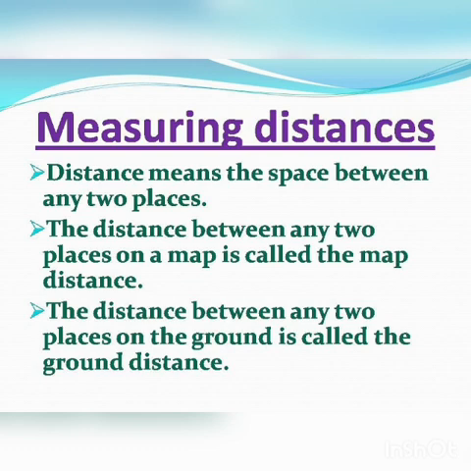So, the distance between any two places located on a map is called the map distance, and the distance between any two places located on the ground is called the ground distance. In India, we follow the metric system in which long distances are measured in kilometers and short distances in meters. So the distance between any two points located on a map is measured in centimeters.